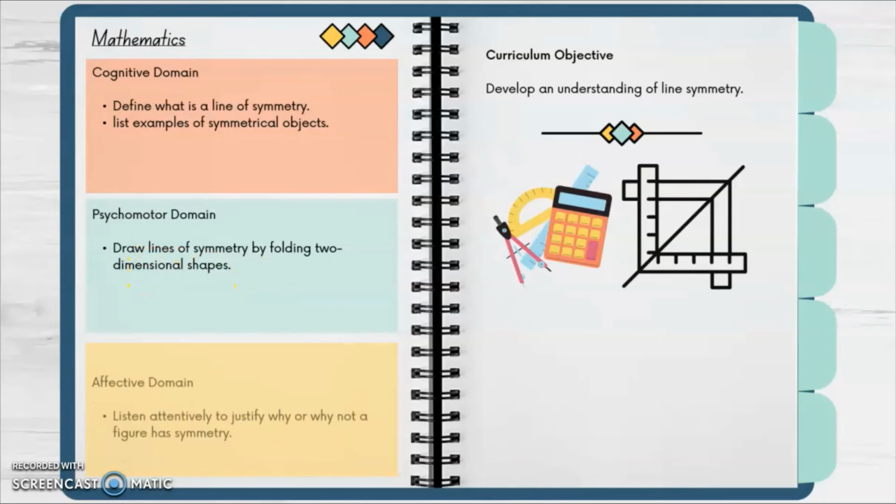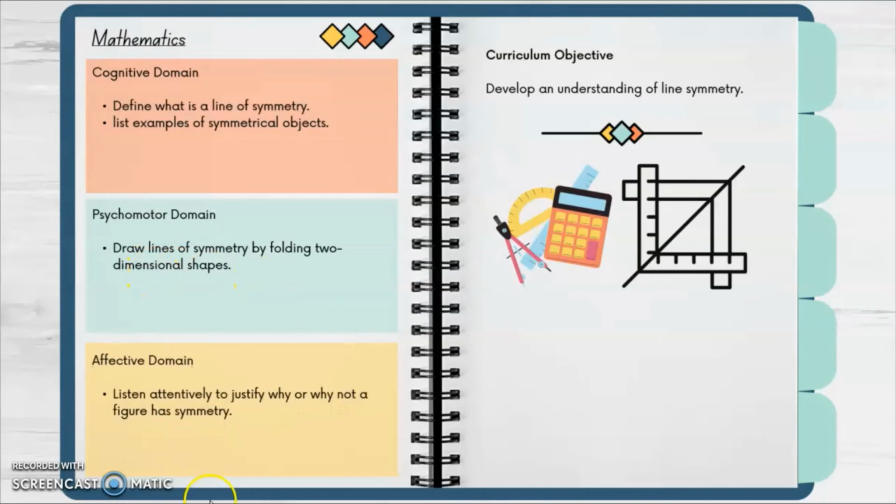And then for the affective domain, students are going to listen attentively to justify why or why not a figure has symmetry. Putting it all together.